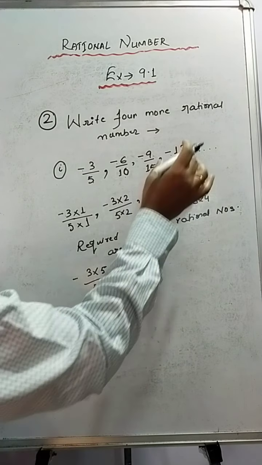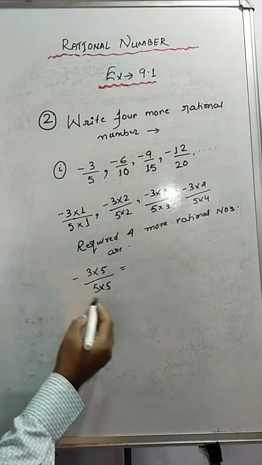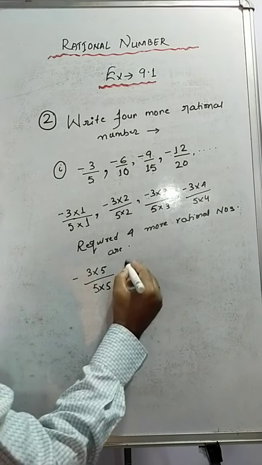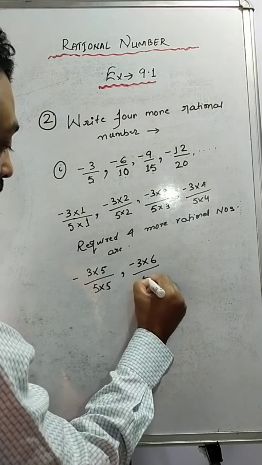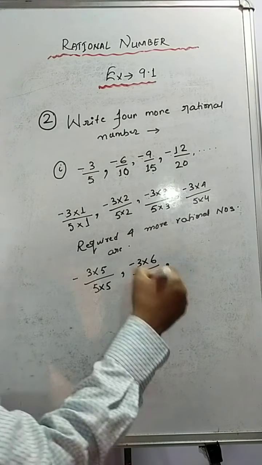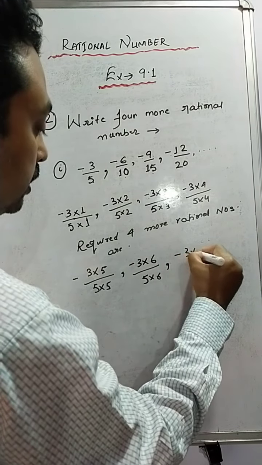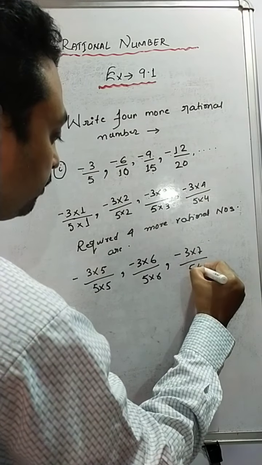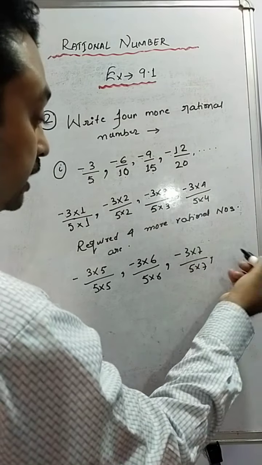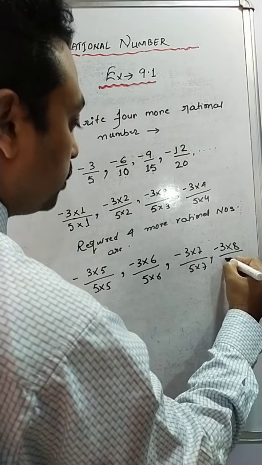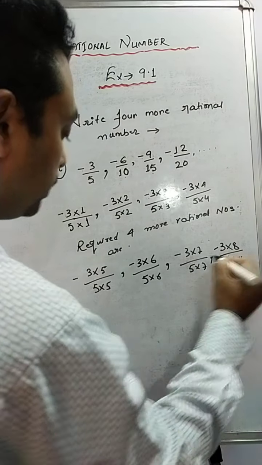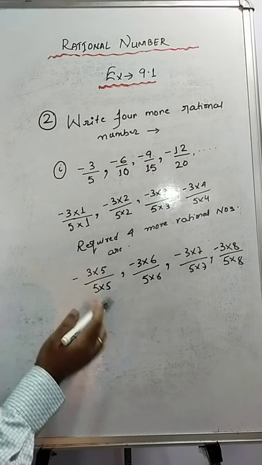This would be the 1, 2, 3, 4, fifth rational number. Fine. Now what will be the sixth rational number? Minus 3 into 6 by 5 into 6. Now seventh one, minus 3 into 7 by 5 into 7. And the eighth one, which will be the last one according to the requirement, that is minus 3 into 8 upon 5 into 8.